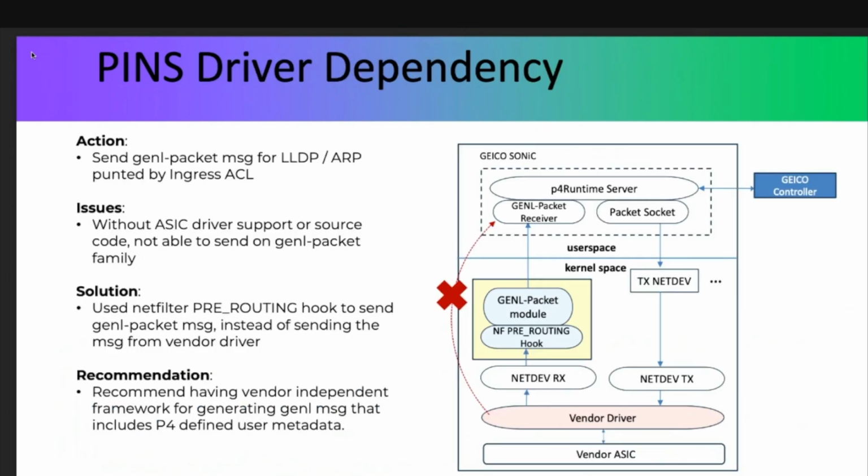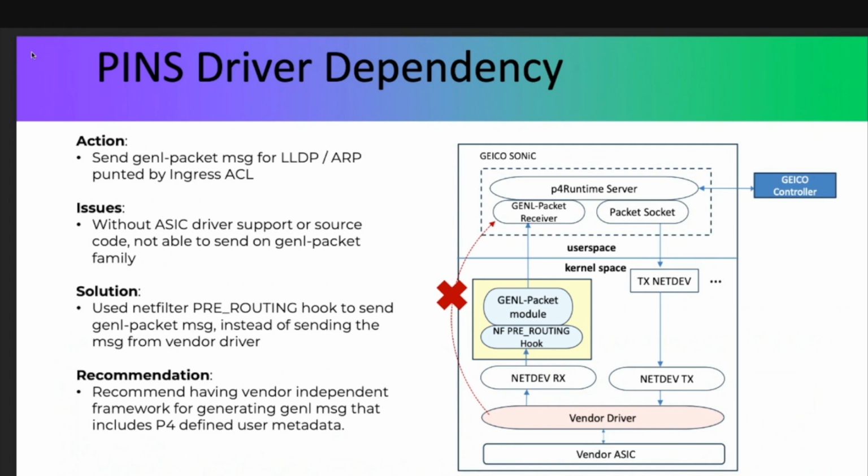Another thing that we try to do, as I mentioned before, is build a network topology based on LLDP and ARP packets. That required packet punting from the ASIC into the CPU.